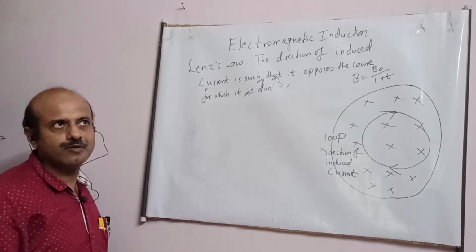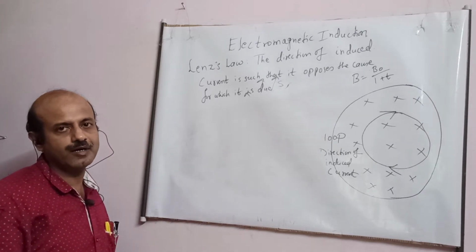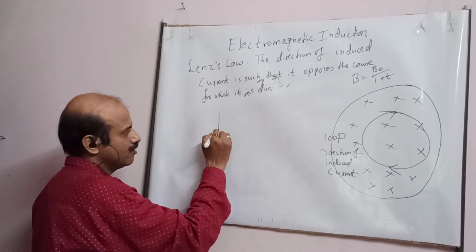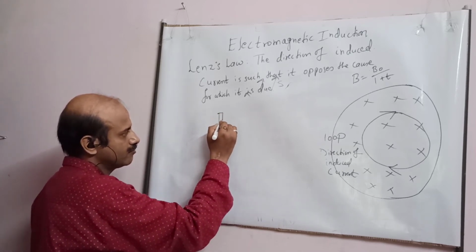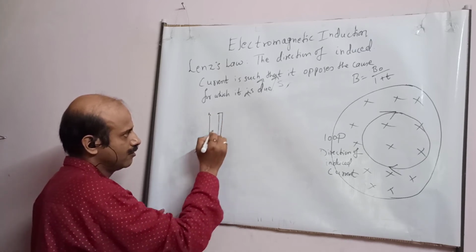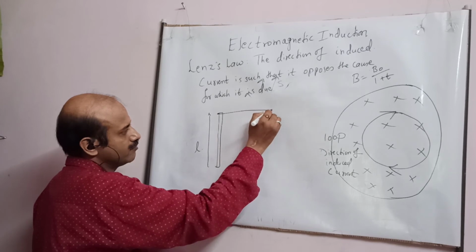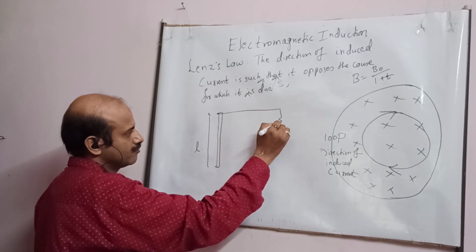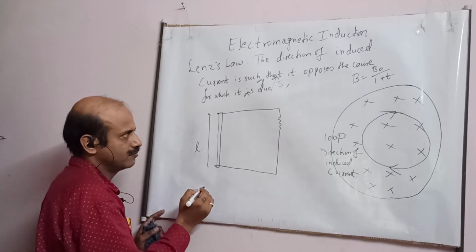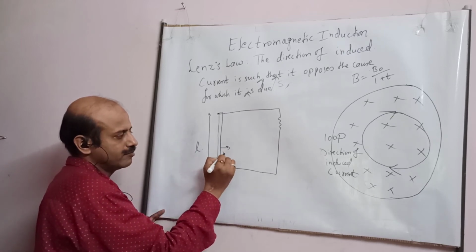One more application, student, I will explain motional EMF, how to find out current by Lenz's law in that case. Okay, this is the movable rod, student. So this is the loop. This rod is moving.